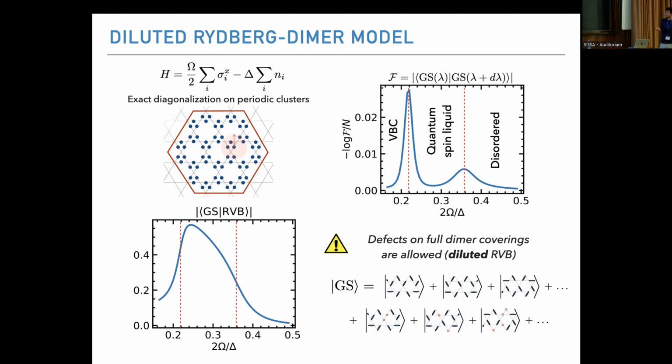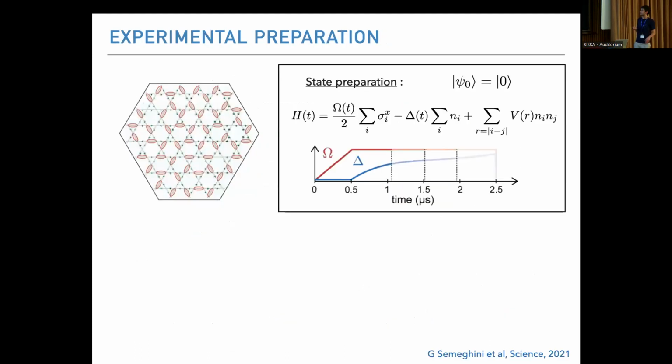The quantum fluctuations are not only building up this equal weight superposition, but they're also lowering the density of atoms, if you check the density of excited Rydberg states, so of spin up.